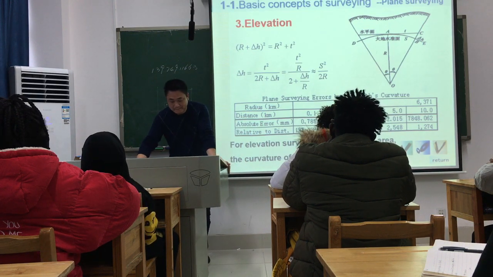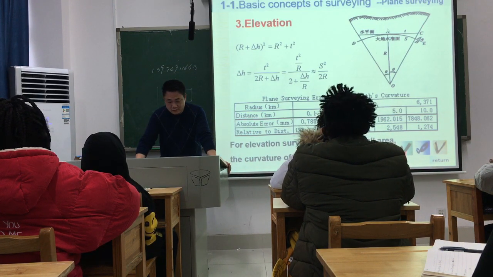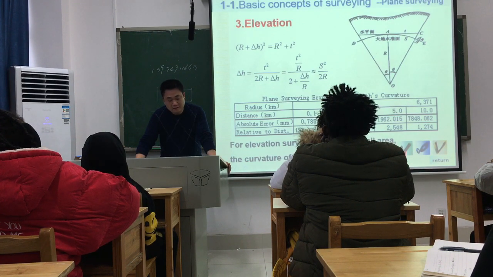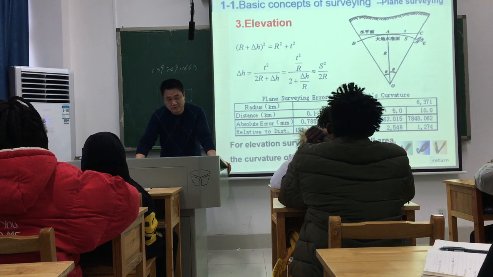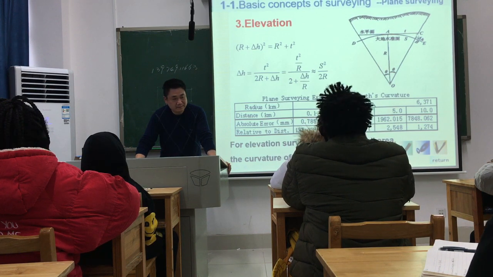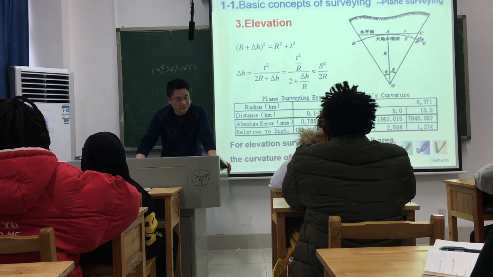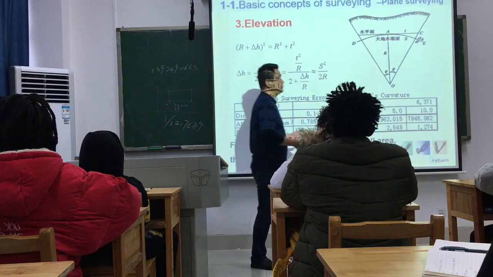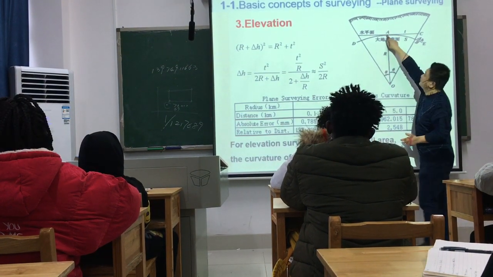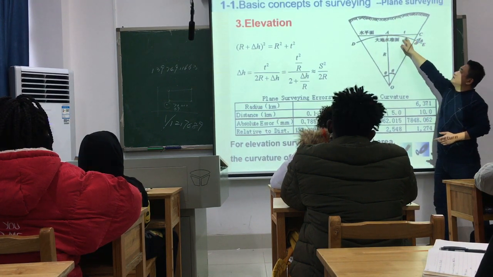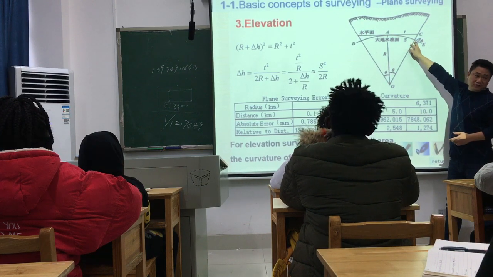For example, in this picture, from point A to point B, if this is the surface of Earth, then AC is a straight line in the plane surface. If we want the elevation between 2 points, from A to B, this is the real elevation difference.